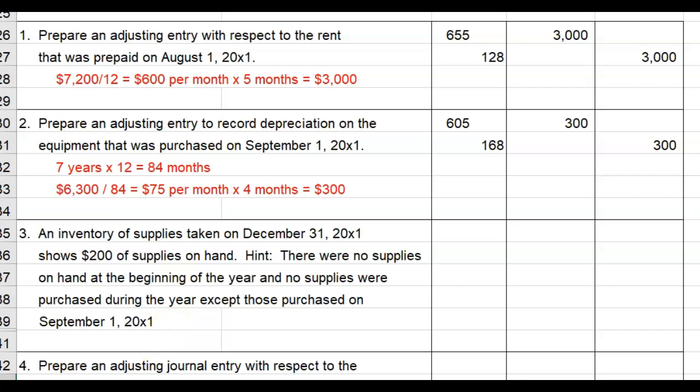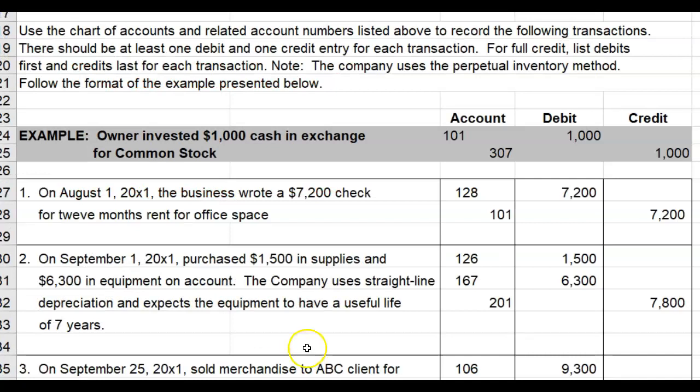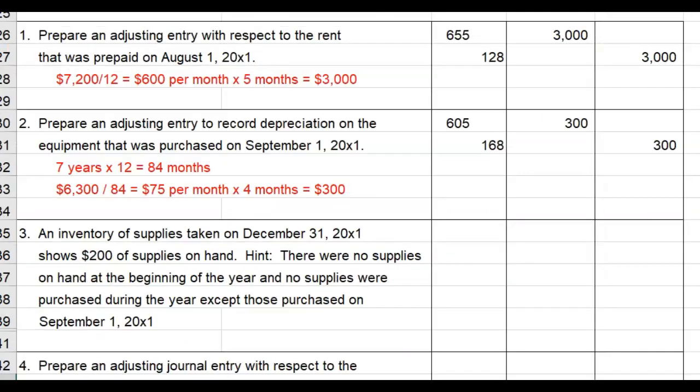Flipping back to the September 1st transaction, it says that we purchased supplies in the amount of $1,500. So go ahead and calculate your supplies expense and then record the journal entry for this adjusting journal entry. Then start the video again to check your work.